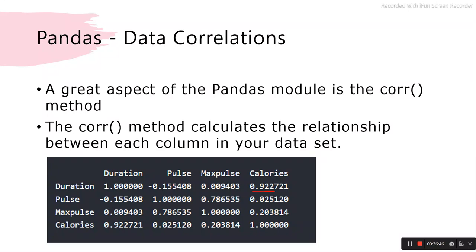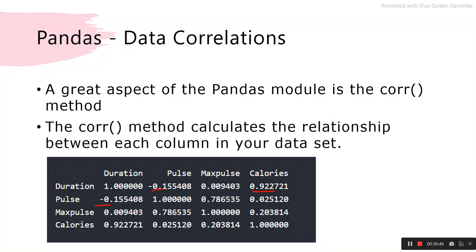And if it is maybe -1, there is a reverse correlation between the two data. For example, if you increase the duration, the calories will decrease. If that kind of relationship is there, then the values will be negative. So a negative value indicates a reverse correlation.